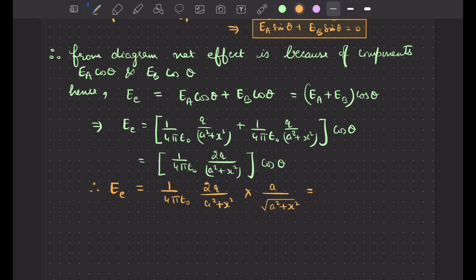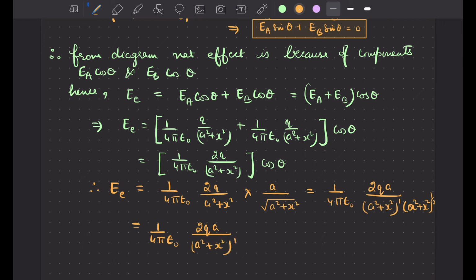So we have an equation 1 upon 4 pi epsilon naught 2qa upon (a square plus x square) raised to power 1 multiplied by (a square plus x square) raised to power 1 by 2. So again, applying simple algebra, 1 upon 4 pi epsilon naught 2qa upon (a square plus x square) whole raised to power 1 plus 1 by 2.